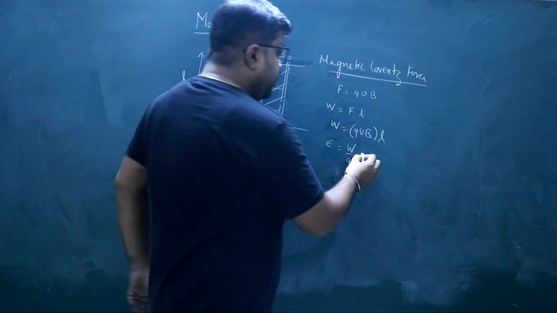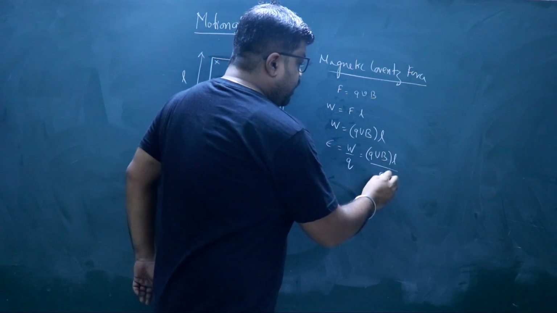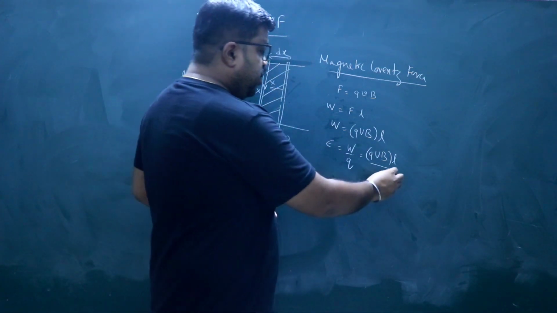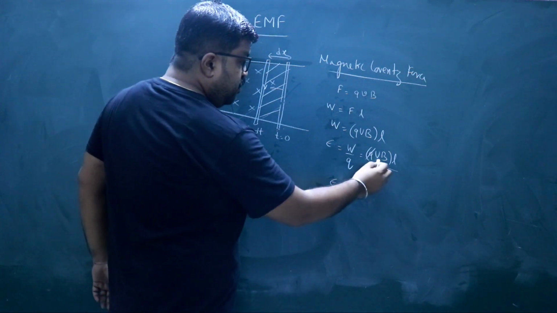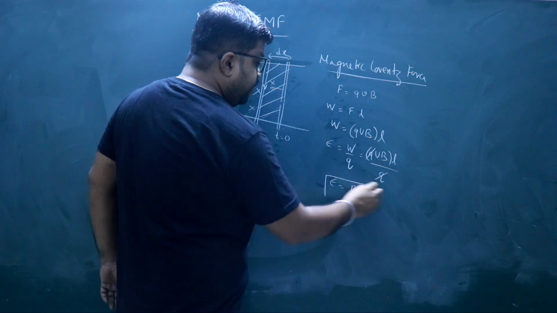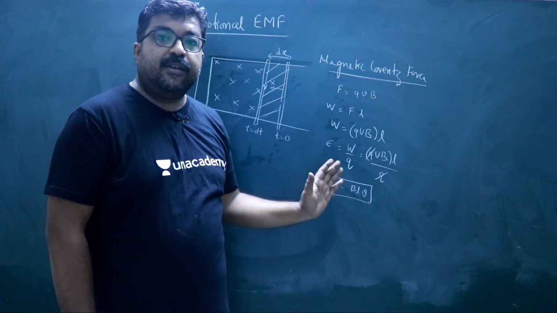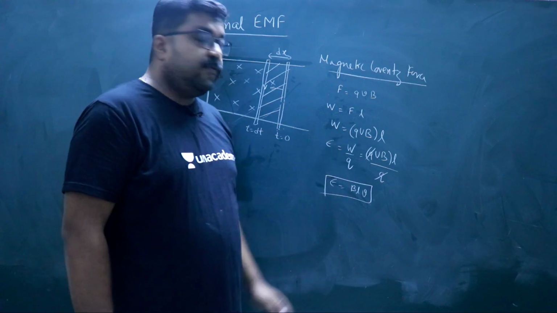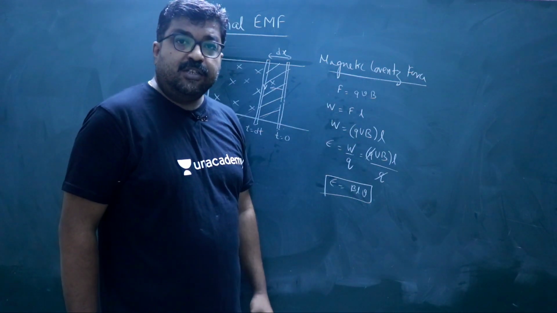Work done is this quantity, so this is QVB L divided by Q. So this Q cancels out and we have EMF equal to BLV. So this is another approach to the same expression of motional EMF. This is using the concept of magnetic Lorentz force.